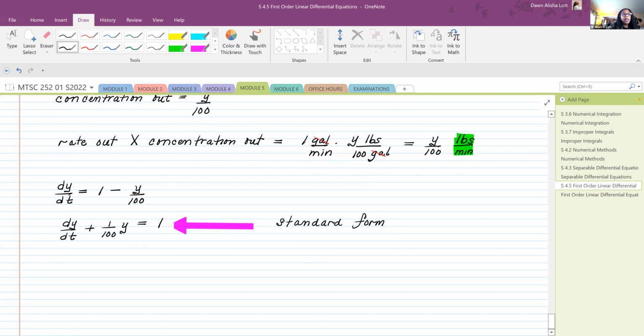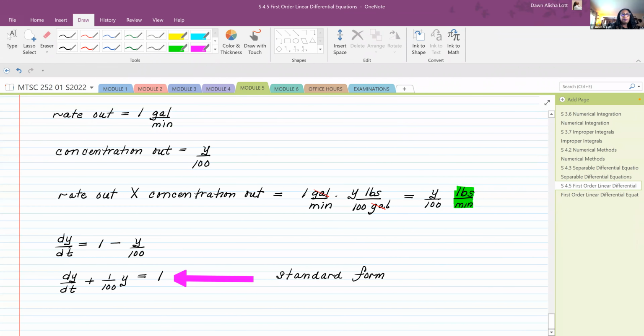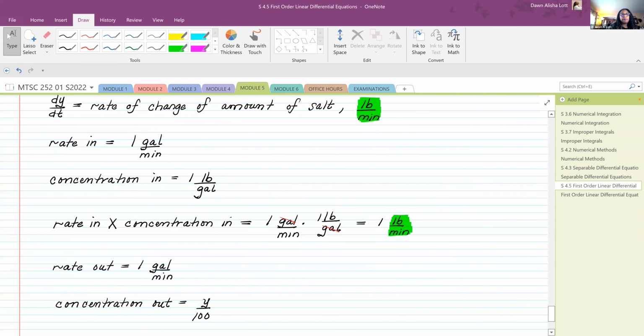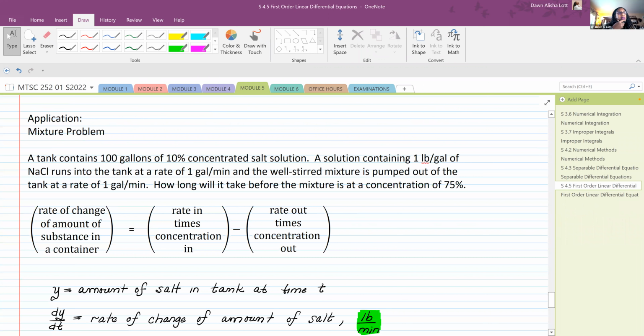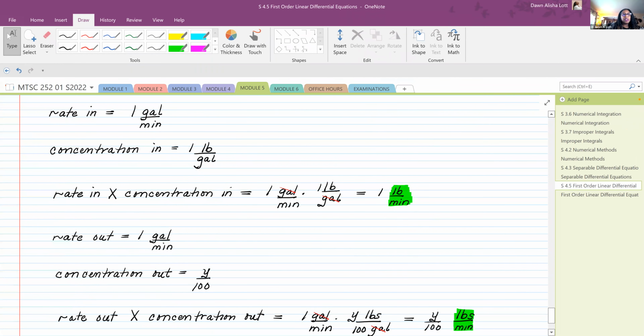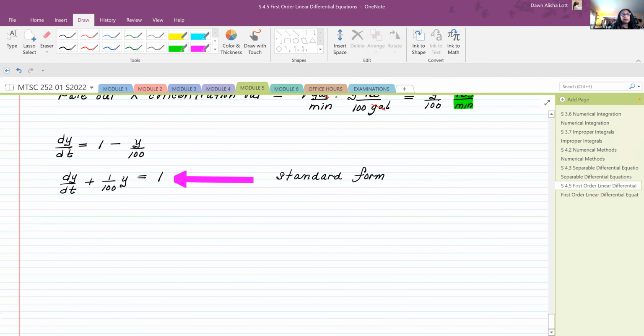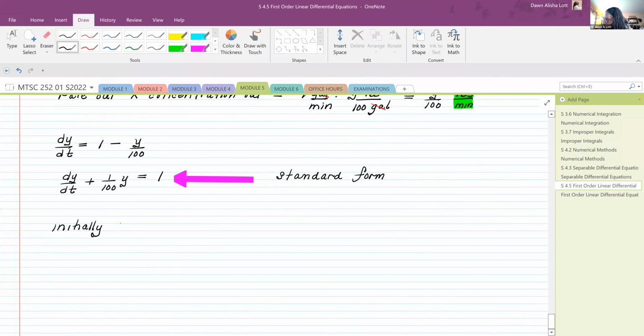Okay, now I need an initial condition. So let's go back and look at our problem again. The problem says the tank contains 100 gallons of 10% concentrate solution. So initially, 10% concentration.